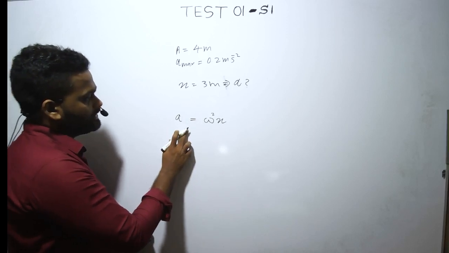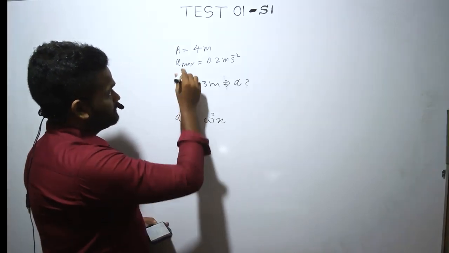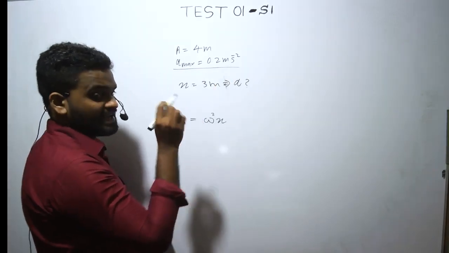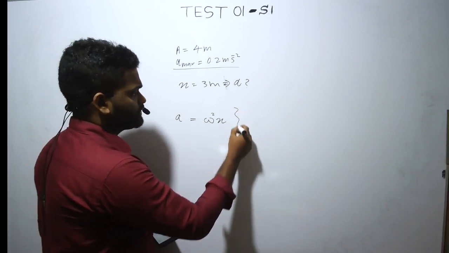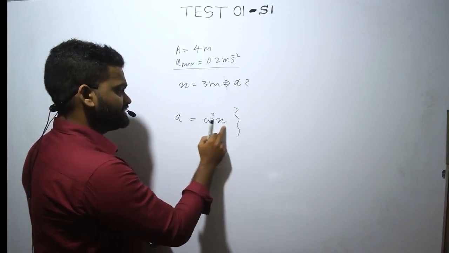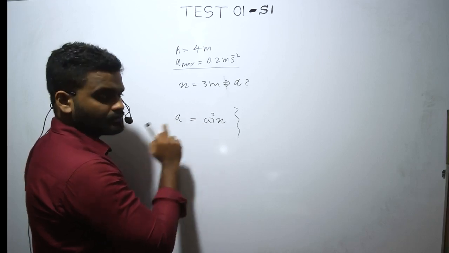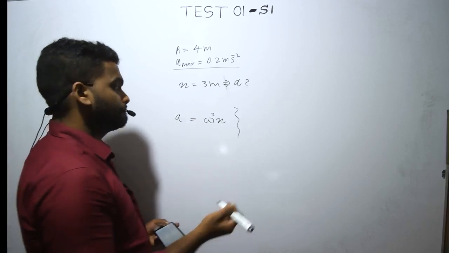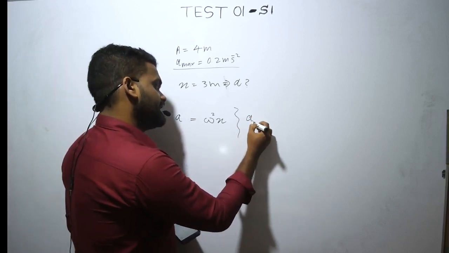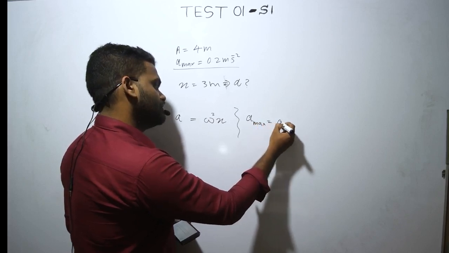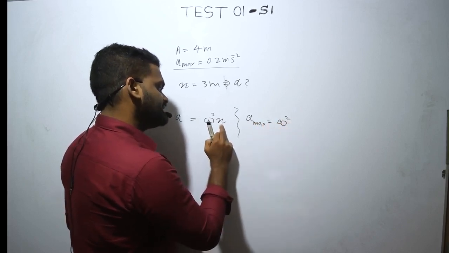So you can see we are given a max, maximum acceleration. You know that when x changes, a changes. Omega is always a constant for simple harmonic motion. So you can see a max is equal to omega squared x max.